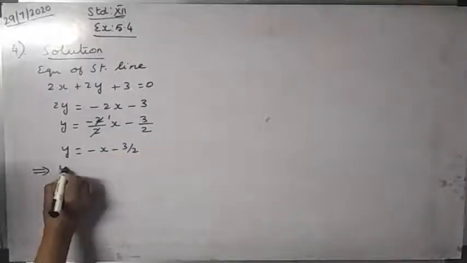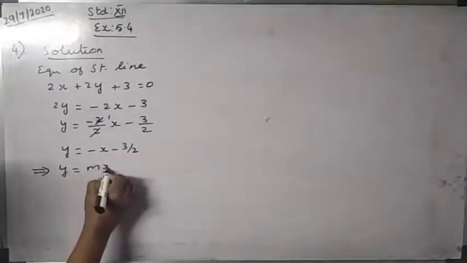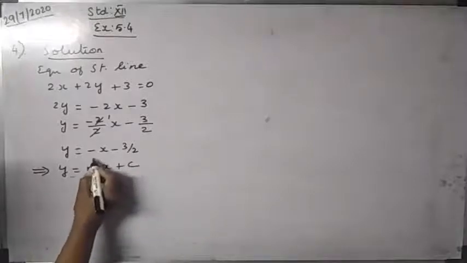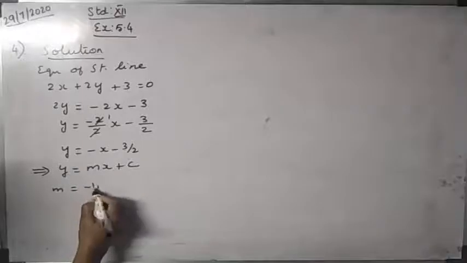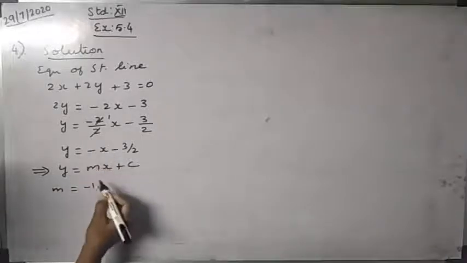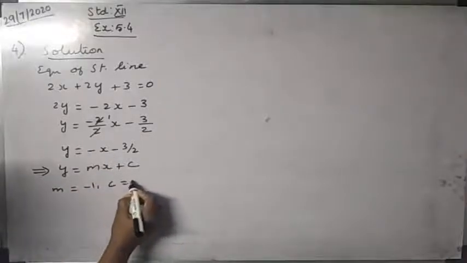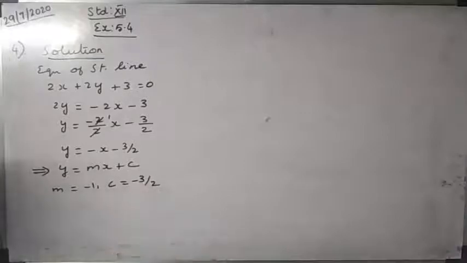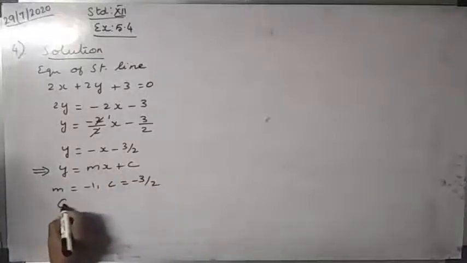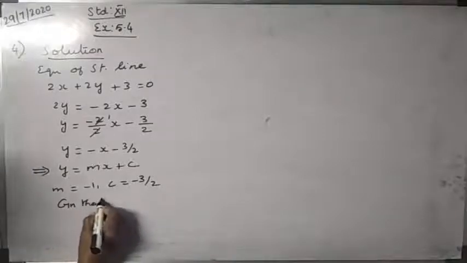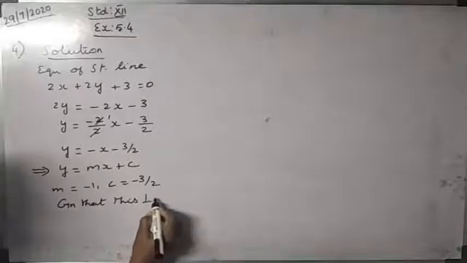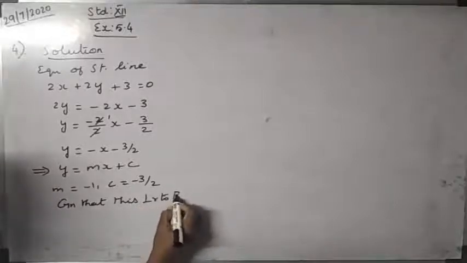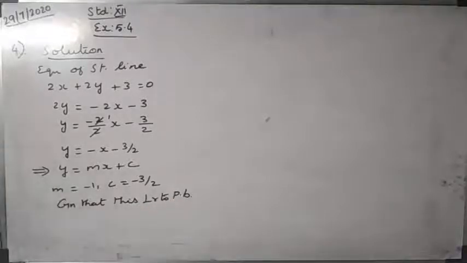So which implies y is equal to mx plus c. Now what is m? Therefore m is equal to minus 1. The coefficient of x is minus 1. C is equal to minus 3 by 2. We don't want this c, only m. And it is given that this is perpendicular to the given parabola.